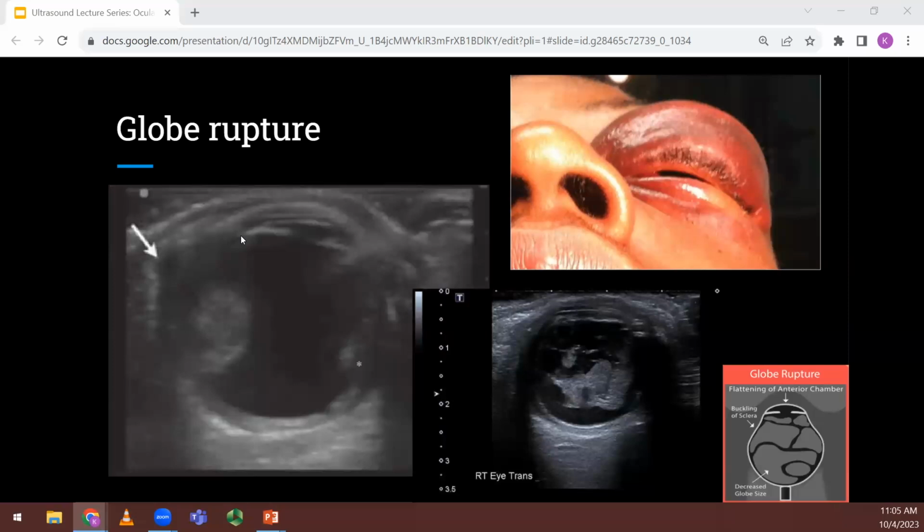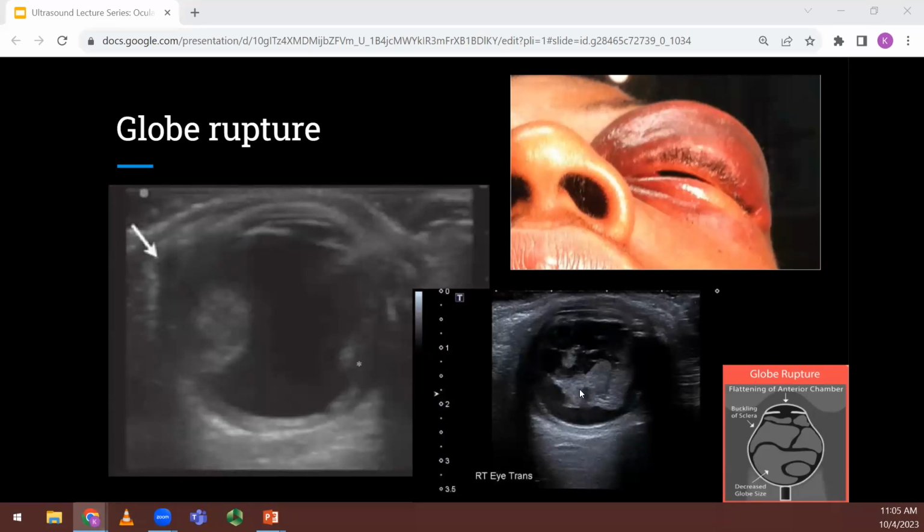On ultrasound, you're going to see an anterior chamber collapse, a decreased globe size, a loss of the elliptical shape of the eye, and a bunch of vitreous opacities.